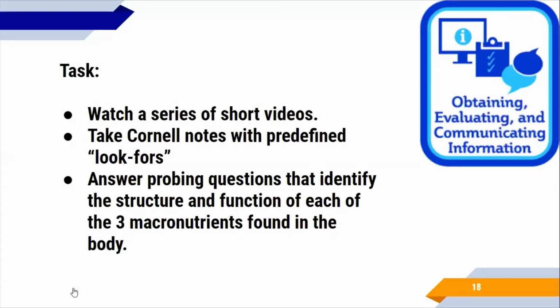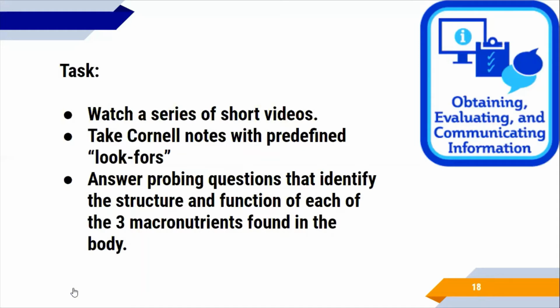Our task for today's lesson: we will be implementing science and engineering practice, obtaining, evaluating, and communicating information. Our task includes watching a series of short videos, taking Cornell notes with predefined look-fors, and answering probing questions that identify the structure and function of the 3 macronutrients found in the body.